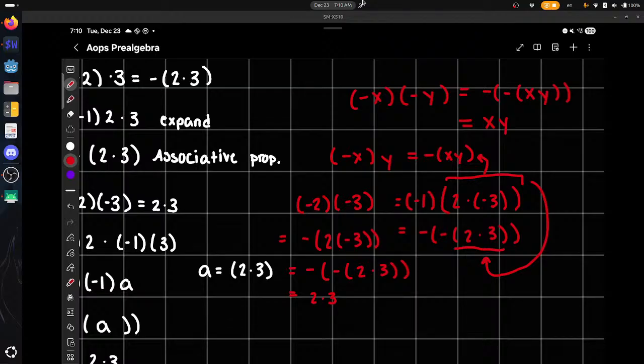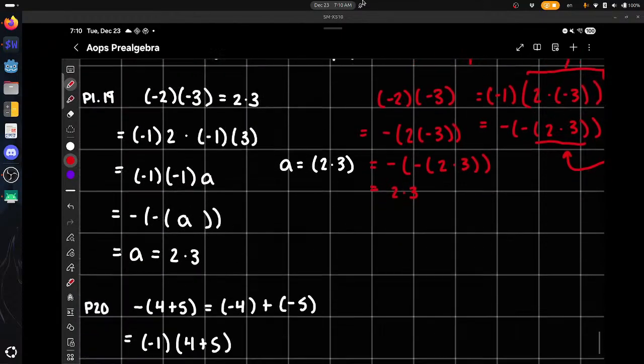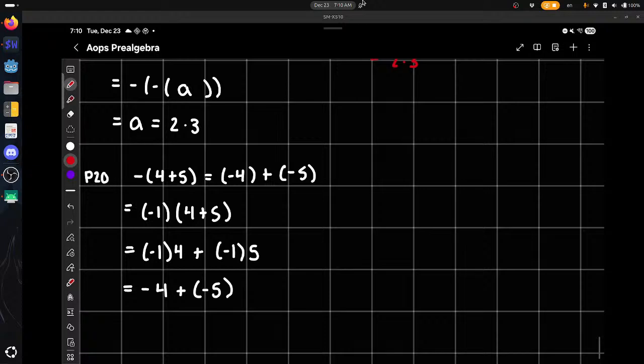Okay, so how do we add negations? Let's find out in the next problem. So this is where we use the distributive property. And looks like we get the same answer, so we just have to realize that the negation 1 is a common factor between these two expressions.